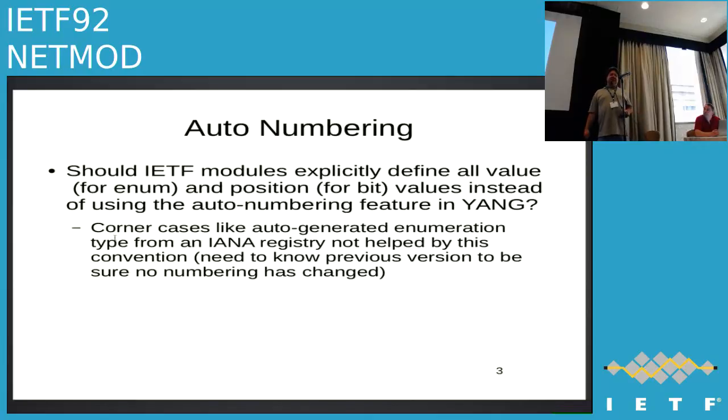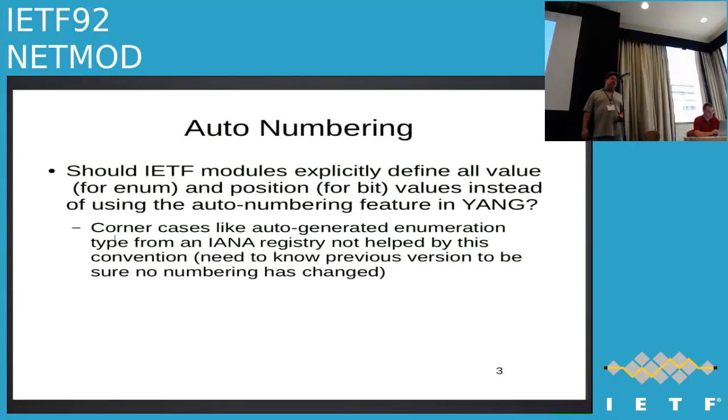This makes it clear that a number has been defined, and then in new versions of the module, the number is not allowed to change. This doesn't really help the corner case of these auto-generated enumerations from an IANA registry or something. They still have to make sure that they're not reusing a value through some implementation magic.